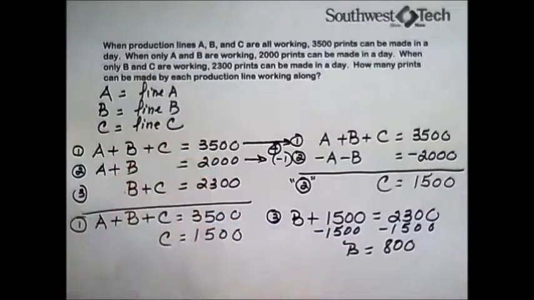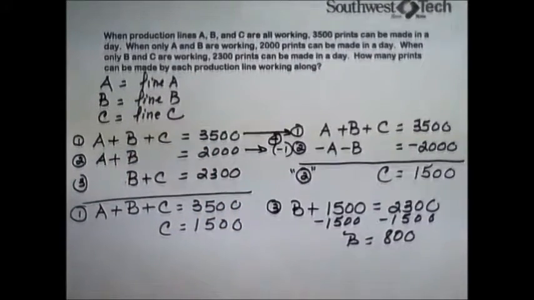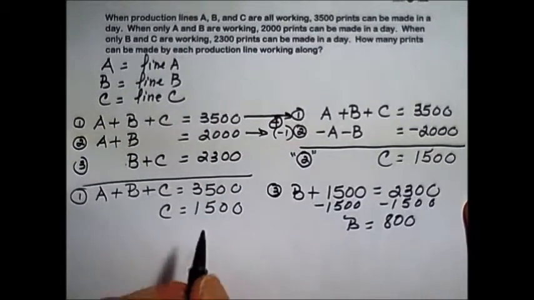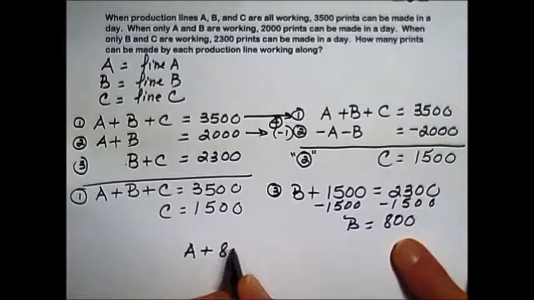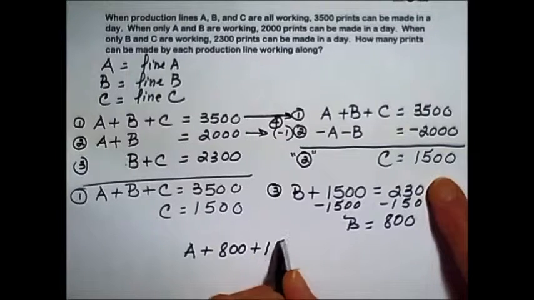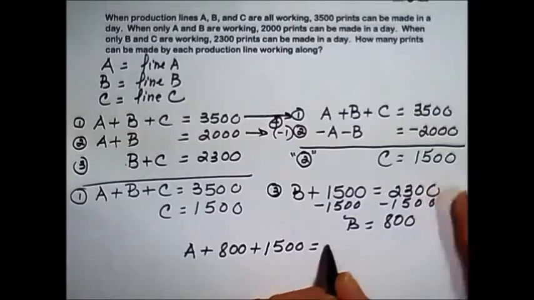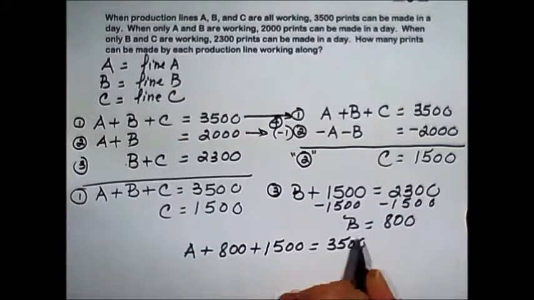We can go back to our first equation, which is A, we don't know, plus B, we just found, plus C is equal to our 3,500.